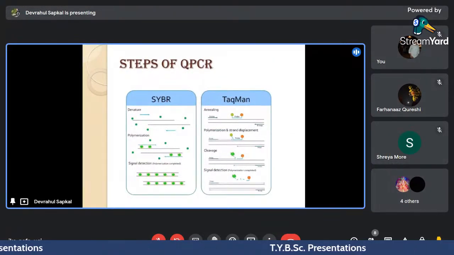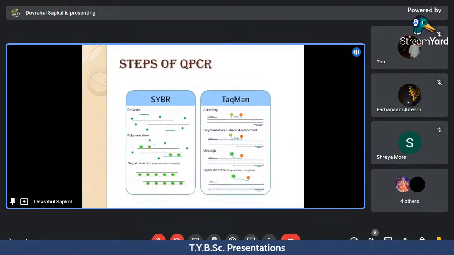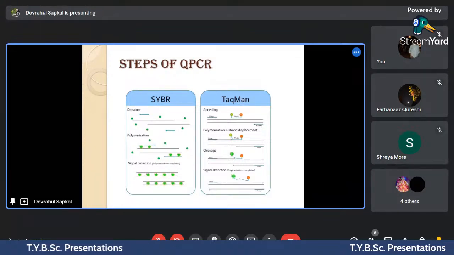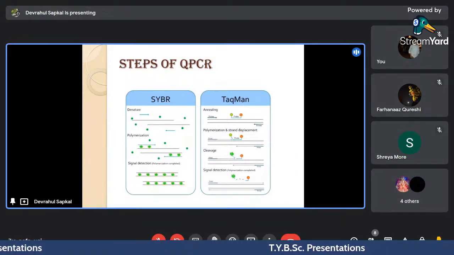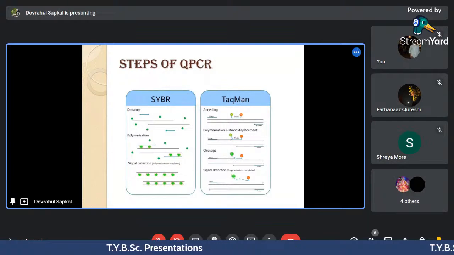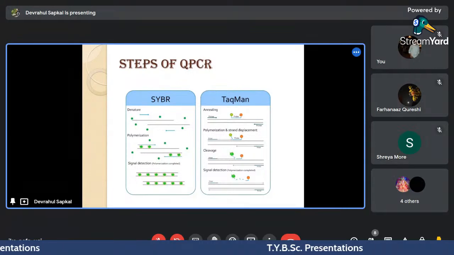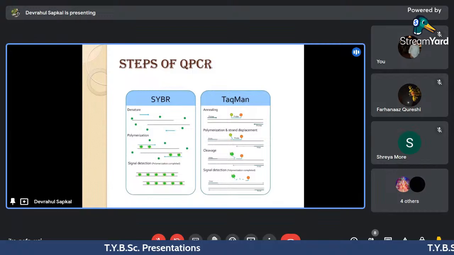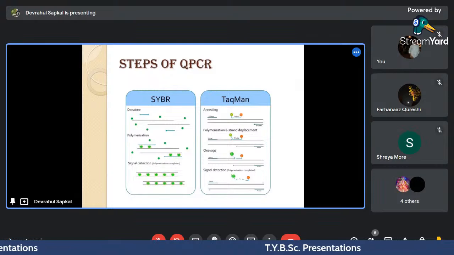Detection is based on fluorescence technology. Different fluorescent dyes are used. The different markers used in real-time quantitative PCR include SYBR Green, a dye that emits a fluorescence signal when it binds to the minor groove of DNA. Other fluorescent dyes like ethidium bromide or acridine orange can also be used, but SYBR Green is better for its high signal intensity.